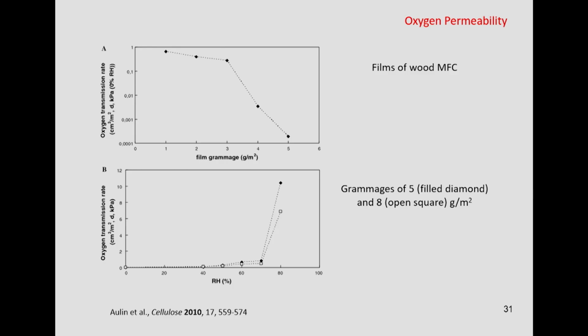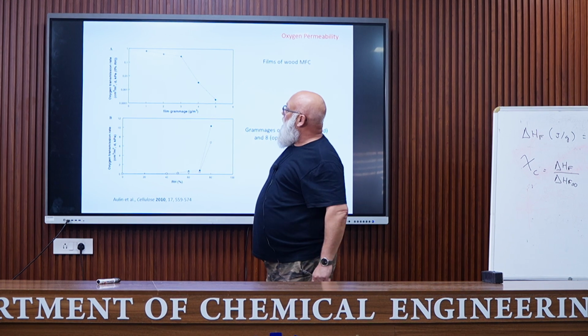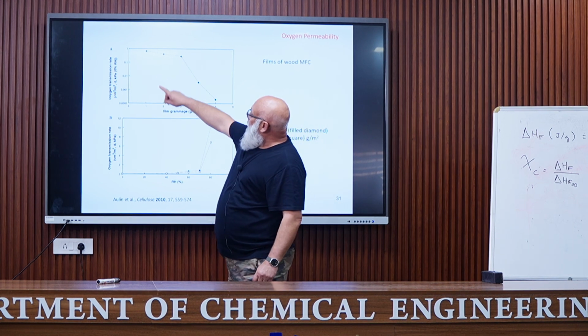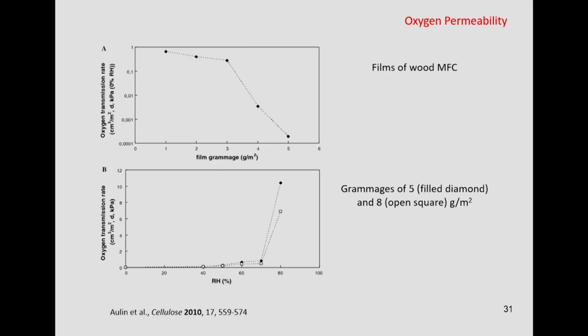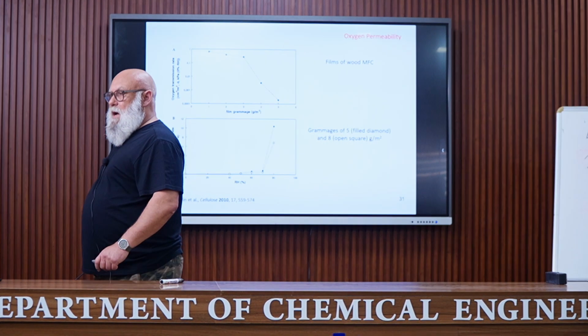In fact, good oxygen permeability is obtained with these cellulose nanofibrils, except when the relative humidity increases. You can see here, this is a function of the film grammage, so the thickness of the film. The oxygen transmission rate decreases, but for a given thickness, when the relative humidity increases, you can see that the permeability increases a lot. Do you have any idea why?